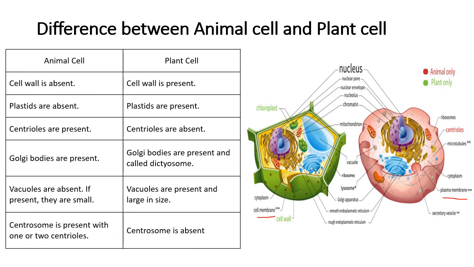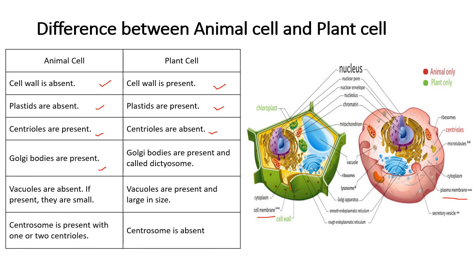Let us see the difference between these two. In animal cell, cell wall is absent. In plant cell, cell wall is present. Plastids are absent in animal cell. Plastids are present in plant cell. Centrioles are present in animal cell. Centrioles are absent in plant cell. Golgi bodies are present in animal cell.